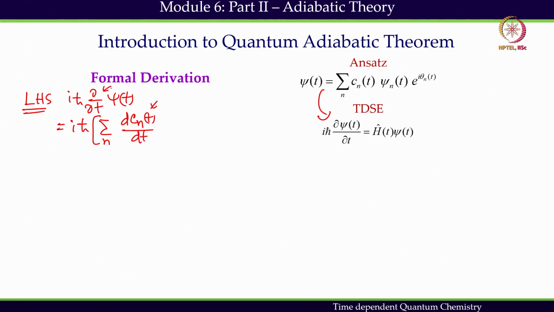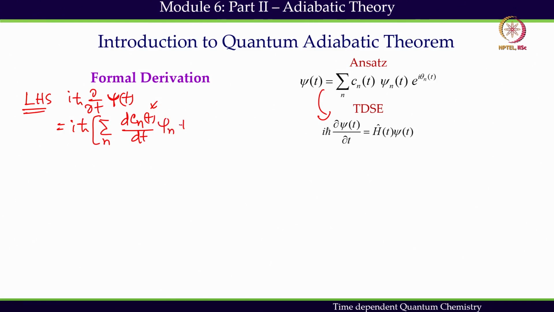But this one is a partial derivative because, although explicitly we are not showing it, psi depends on the variable x. So it should be written as psi(x,t), instead of writing psi(t). We should not get confused about what this notation means, and that's why we use the partial derivative here. But Cn depends on time, so that's why this is a total derivative.